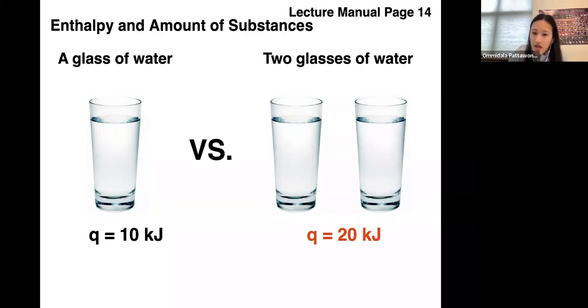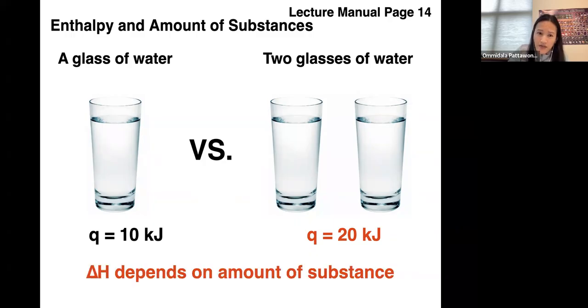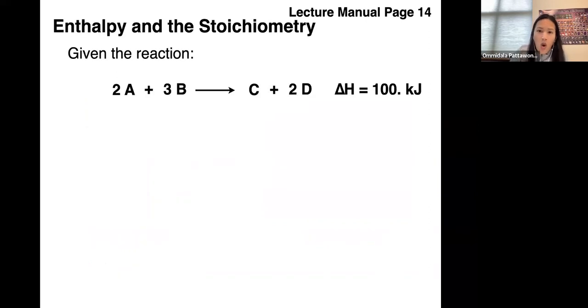The answer would be 20 kilojoules, because as you double the amount, you have to double the amount of heat as well to raise its temperature. So you see that the amount of the substance affects the enthalpy, the heat of reaction.